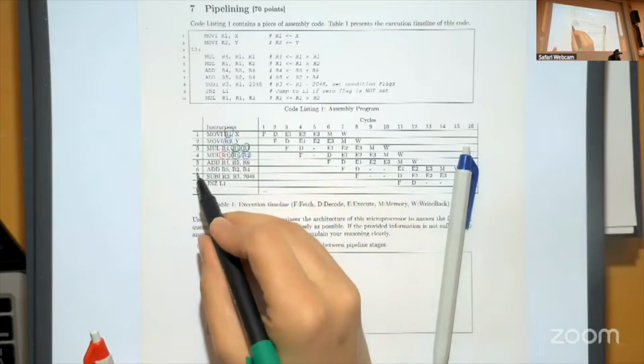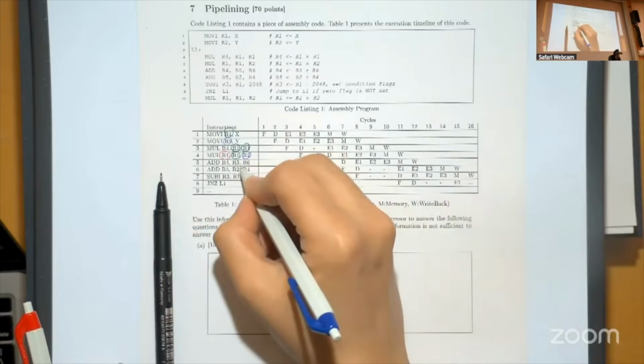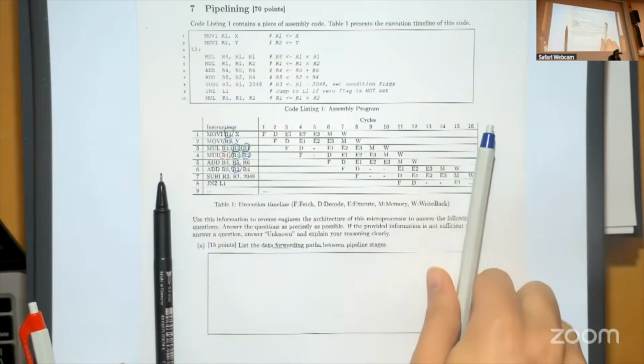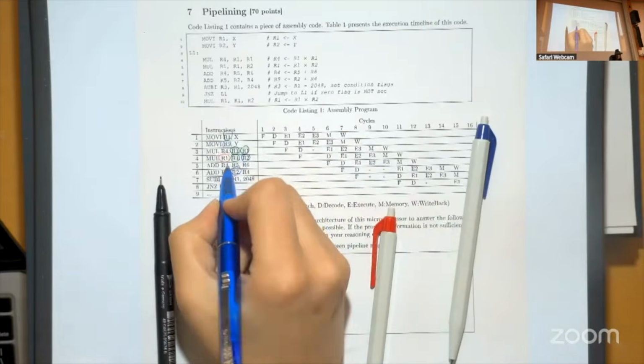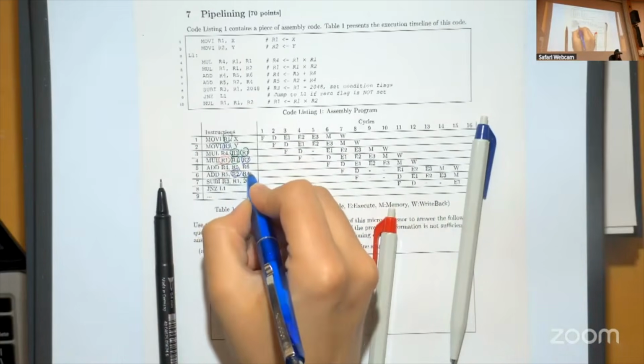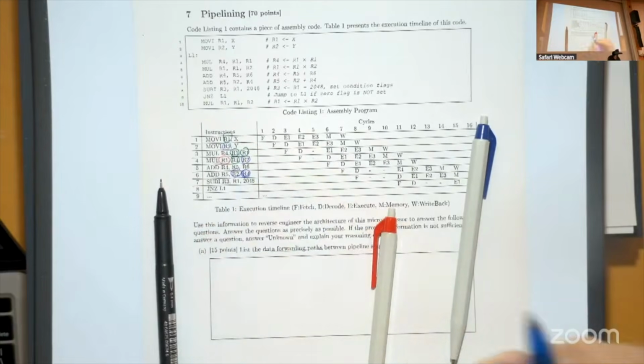Okay, so let's look at the sixth one. Again, we have R2 as the operand, so that we mark. And now, I ran out of colors. Maybe I can use this. Now we have R4. This is slightly a different color, but you cannot tell probably. It's okay.